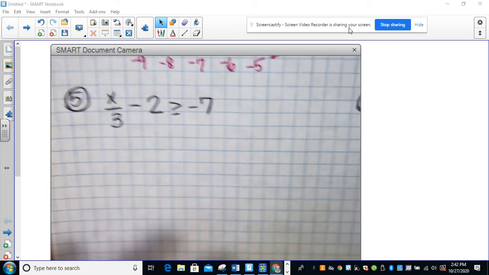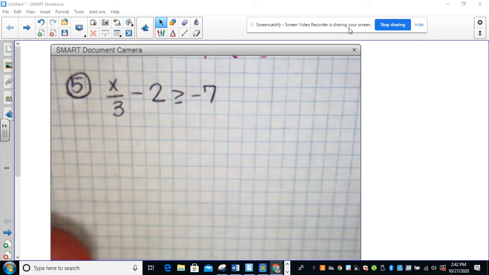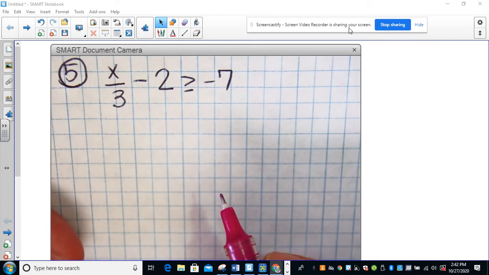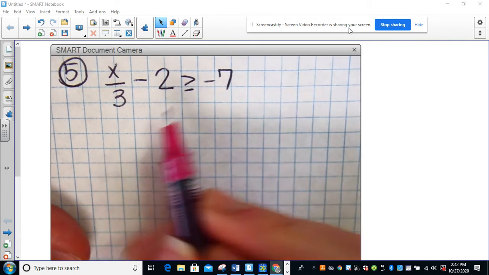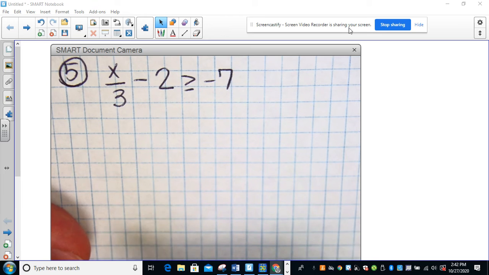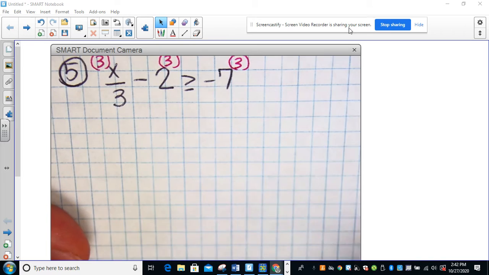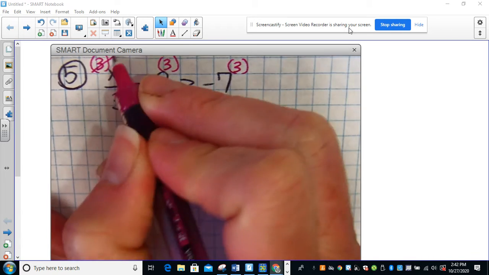Okay, 2 more examples. 5. Again, we're treating these like regular equations, up until the end when we have to plot them on the number line. Another fraction, let's get rid of that denominator. Multiply everything in the problem by 3. So that gets rid of that.